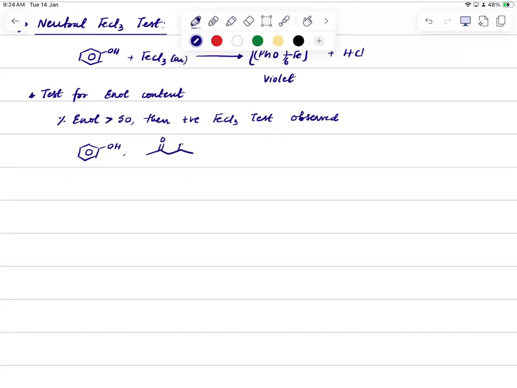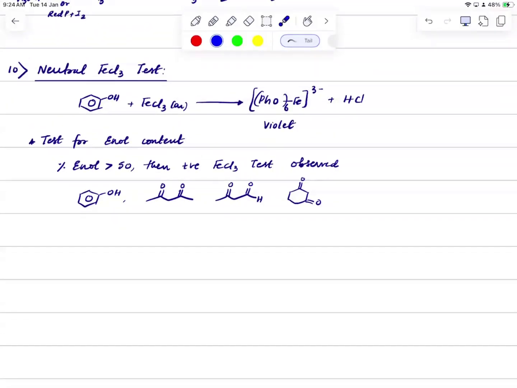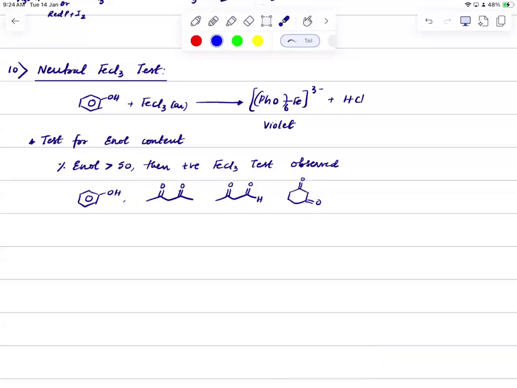Especially here, where you have beta diketone or beta hydroxy diketone like this. So these kinds of cases, if you come across in the exam, you will take them also as positive FeCl3 test. Again, in mains, they will not go beyond these cases. So do remember phenol or these cases. If you have these cases, these are all positive FeCl3 test.